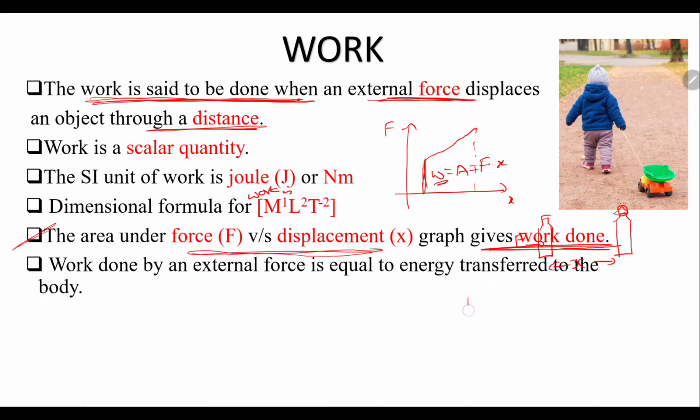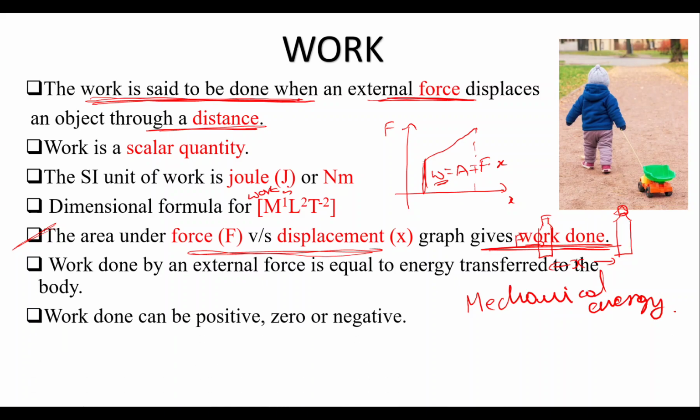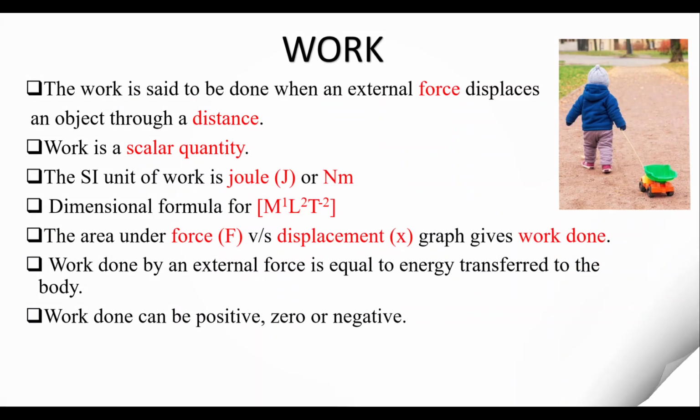In this chapter we mainly focus on how mechanical energy is transferred to an object, and we make things work. Work done can be positive, zero, as well as negative. How work done can be negative will be discussed in the future slides.